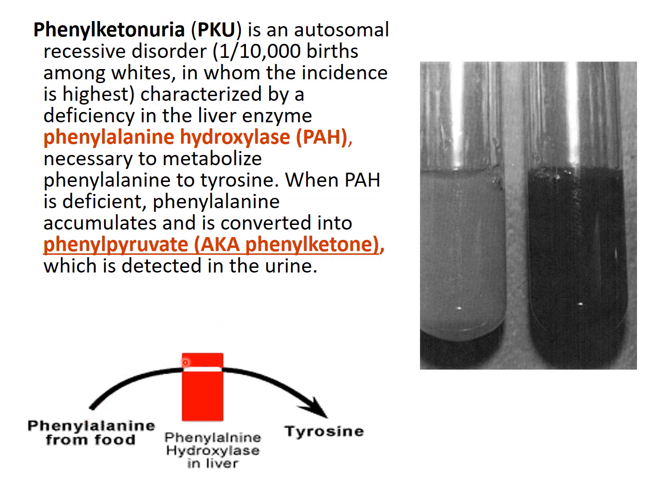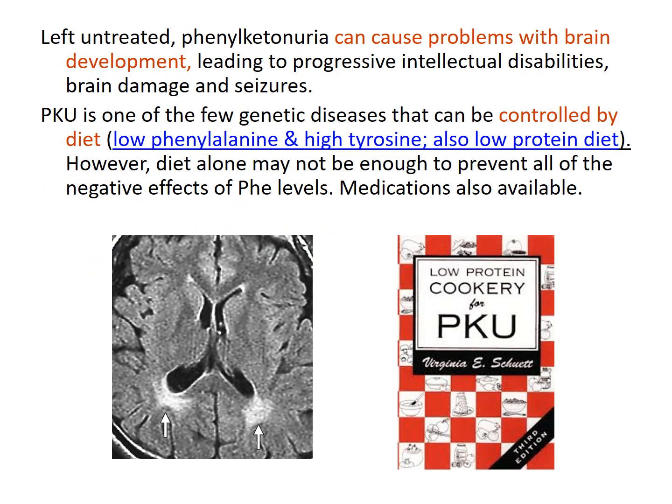And this will lead to not producing enough tyrosine and other molecules, but also accumulation of these phenylketones, which will be detected in the urine. Urine will actually turn dark. Why is it a problem? Because phenylalanine accumulation, phenylketonuria happens, which is damaging to the whole body, especially to the central nervous system.